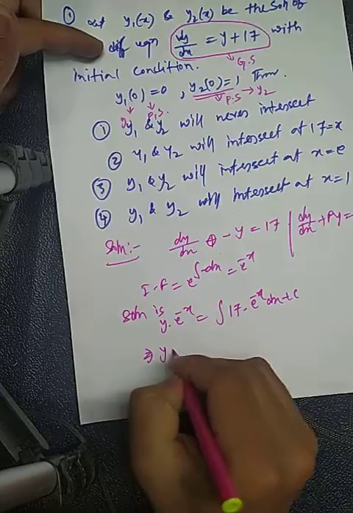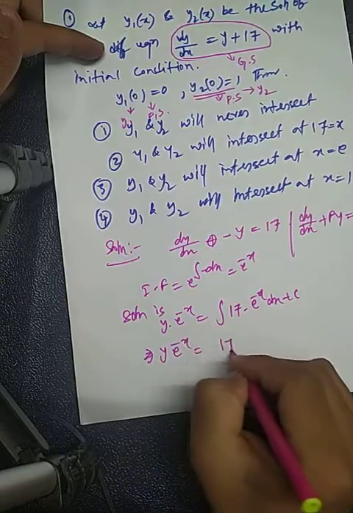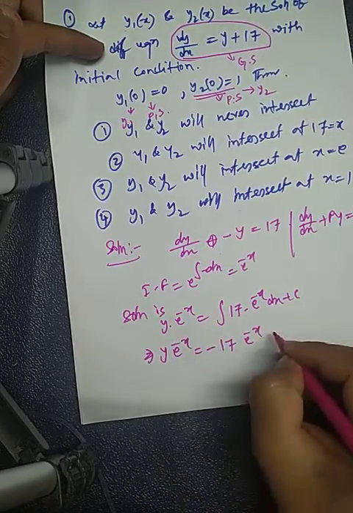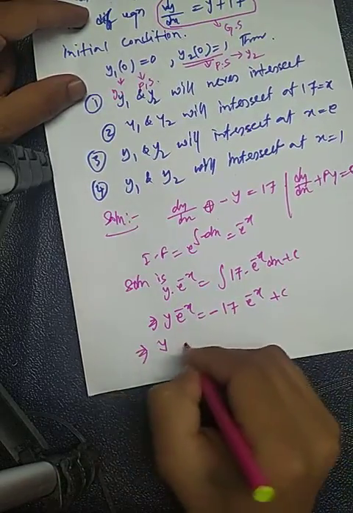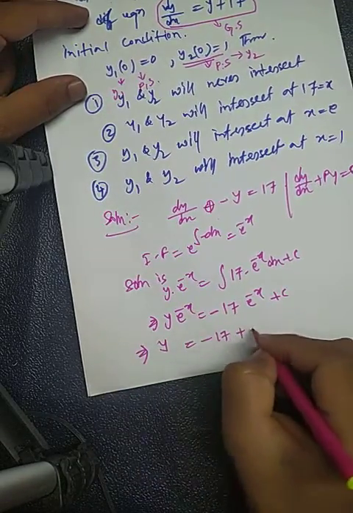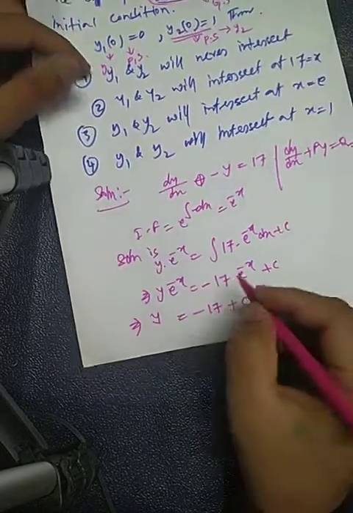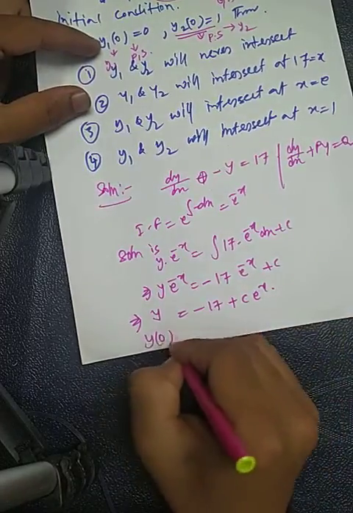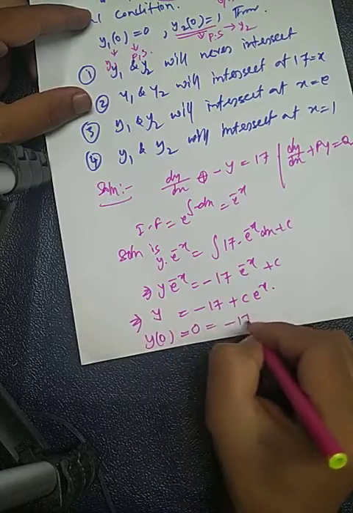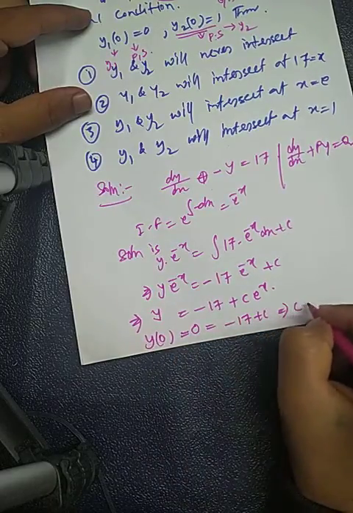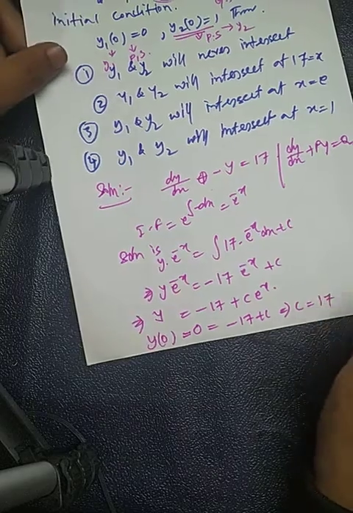This implies y e to the power minus x is equal to 17 times e to the power minus x into minus 1, plus c. So y is equal to minus 17 plus c e to the power x, right? So y(0) is equal to minus 17 plus c. This implies c is equal to 17.